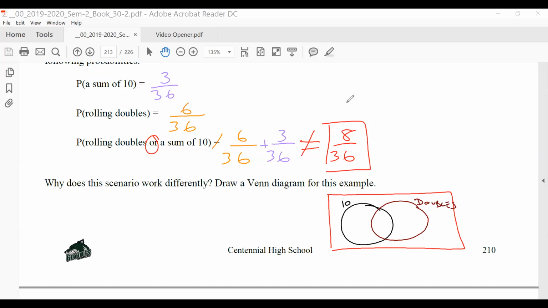They've got an overlap right here. They're not disjoint, they have an intersection. What's in here? Well, that would be me rolling two 5s. So that's me getting a sum of 10 and doubles. So they're not disjoint.